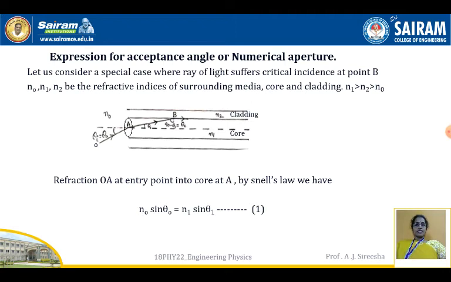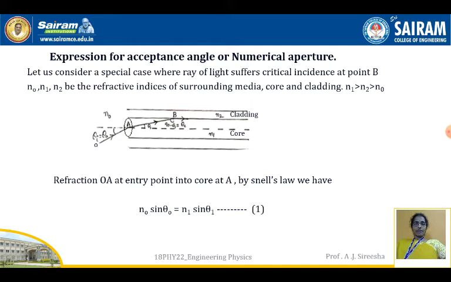Now let us consider a special case where a ray of light suffers critical incidence at point B. Let N0, N1 and N2 be the refractive indices of the surrounding medium, core and cladding. N1 is greater than N2 greater than N0. Here we are taking an optical fiber in which the inside part is the core and the outside is the cladding.